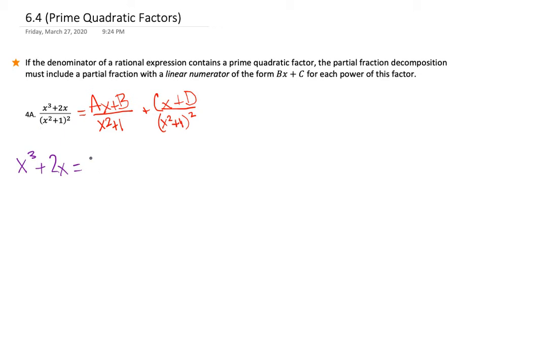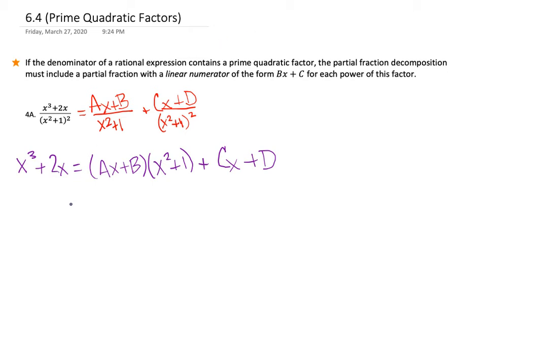So I'm going to write Ax plus B, and it has to be multiplied to one of these, x squared plus 1. Now I put parentheses around these because they're binomials. We will have to FOIL those in a second. This one here, we don't have to multiply this to anything because the denominator is already the full denominator. So I'm just going to write down Cx plus D.